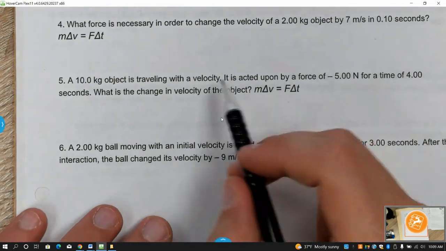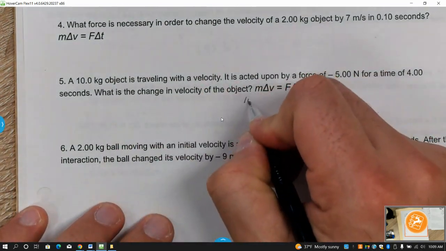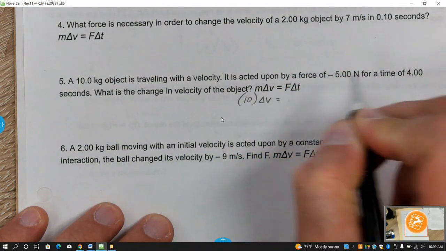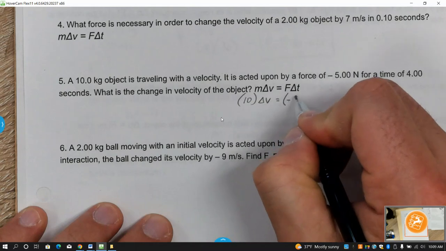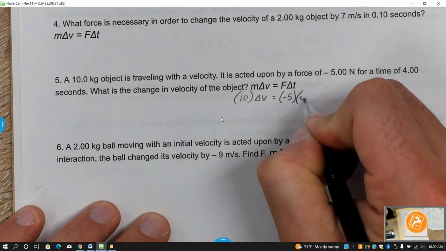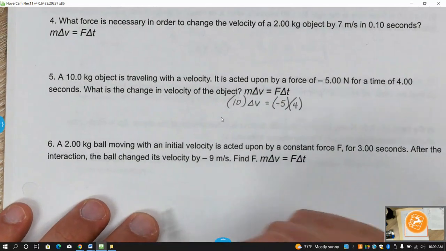So 10 kilograms, that's our M. We don't know what change in velocity is. Force, negative 5, and time, 4 seconds.